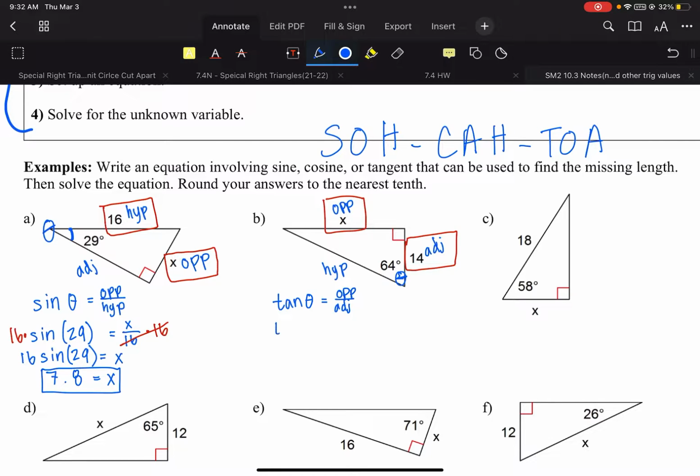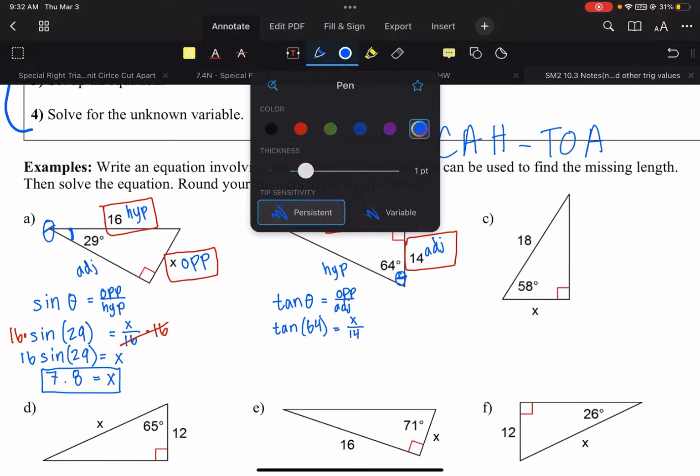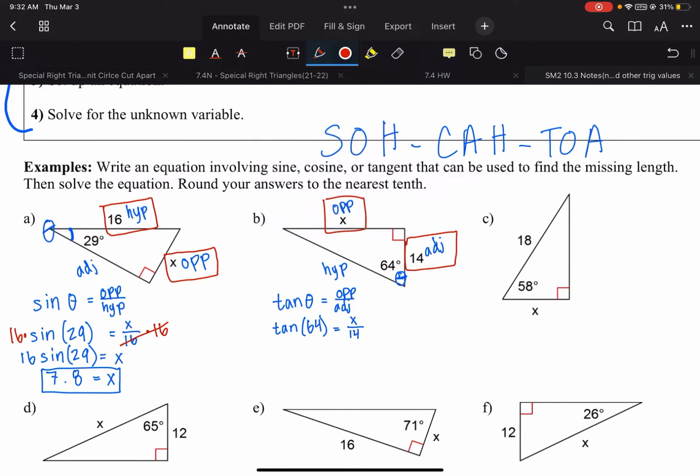Then start filling in what I know. So the tangent of 64 is equal to the opposite, which is x, over the adjacent, which is 14. Then I want to get rid of my fraction, so I'm going to multiply both sides by 14, which gives me 14 tangent of 64.